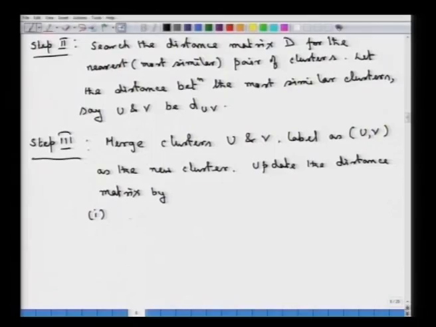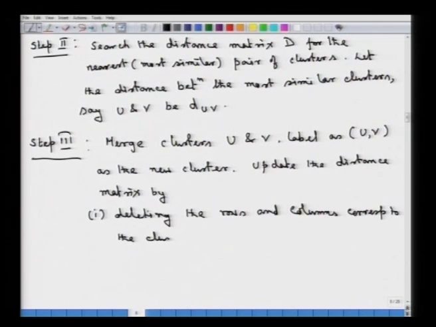So, the first step is that we will have to delete. This updation is done by deleting the rows and columns corresponding to the clusters u and v.